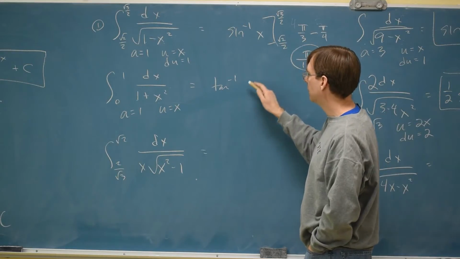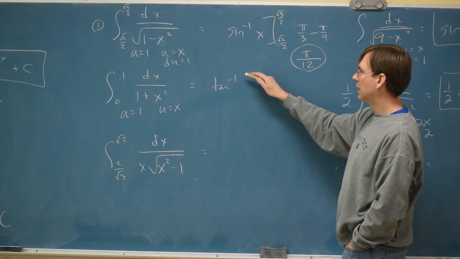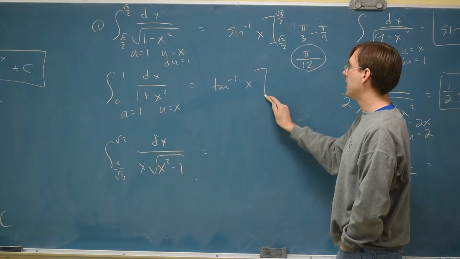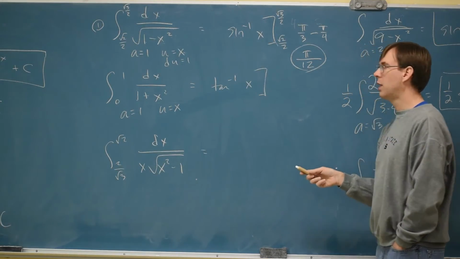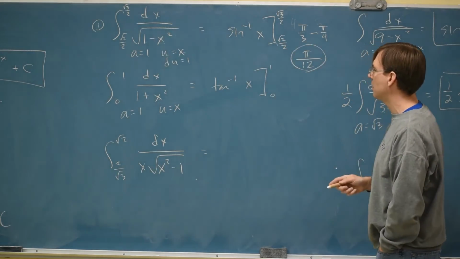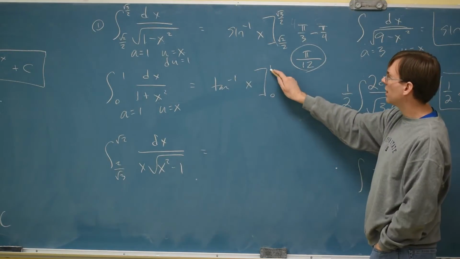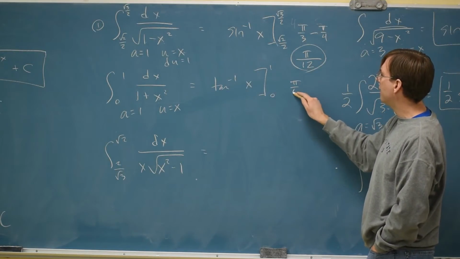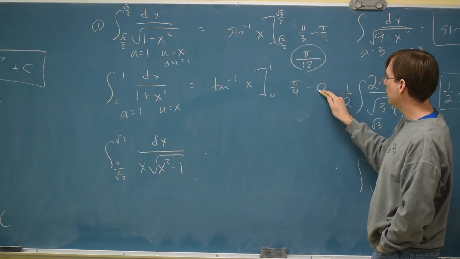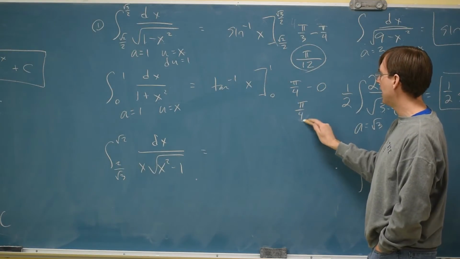Inverse tan. Put u over a, an x over 1, that's just an x. In a different world, I'd put plus c and be done. Okay, but this one's a little bit meaner because they gave us these numbers to try out. So inverse tan of 1 is 45, or pi over 4, minus inverse tan of 0 is 0, so that's just pi over 4.